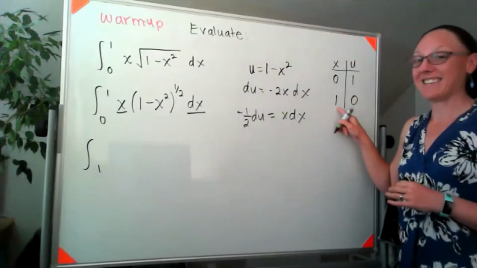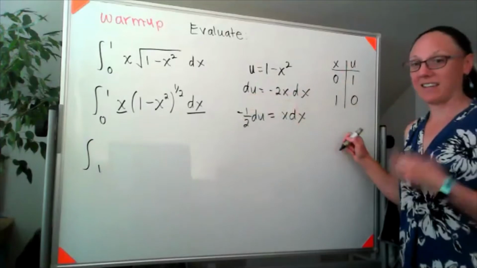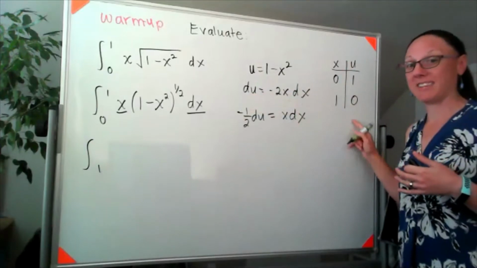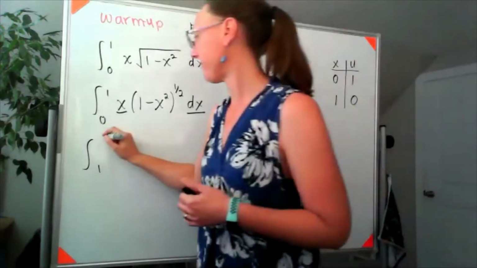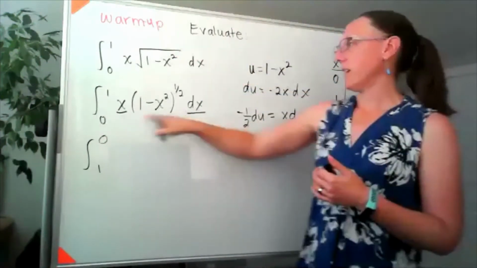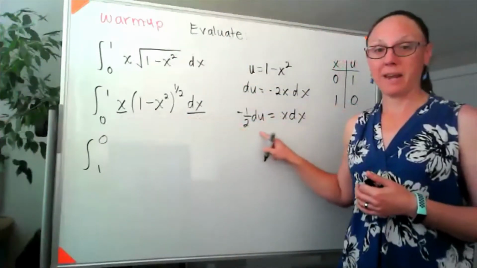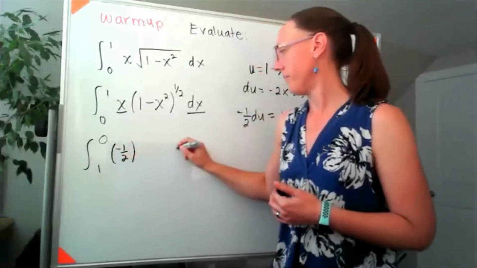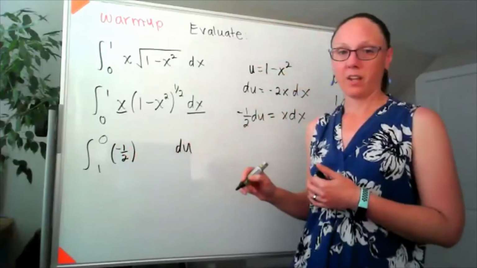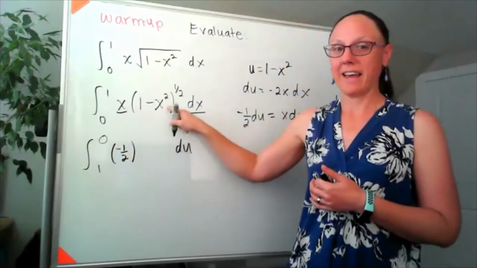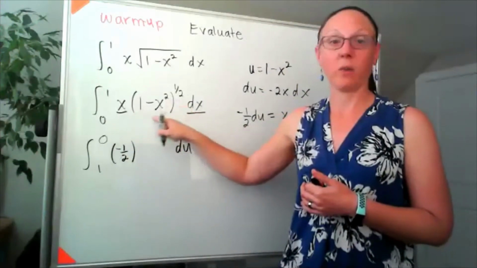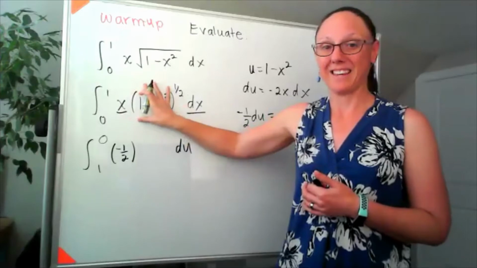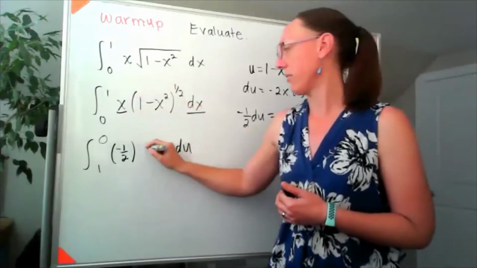Since 1 is the upper limit on the x as in the original problem, I'm going to have to put the 0 as the upper limit. Now that x dx, that's what's going to become negative 1/2 du. And that 1 minus x squared, that whole thing we're calling u, which makes this u to the 1/2.